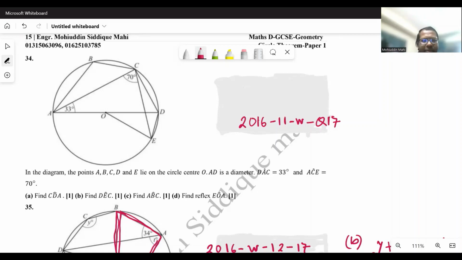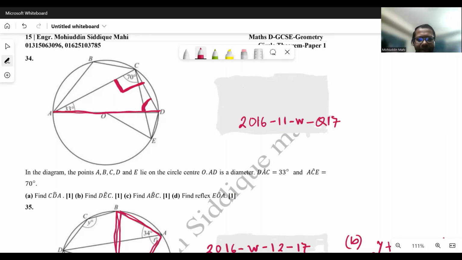Now, that's easy. Look at here. The diameter is AD, so it will subtend 90 degrees at the circumference. So the angle ACD is going to be 90 degrees, and we need to find out CDA.